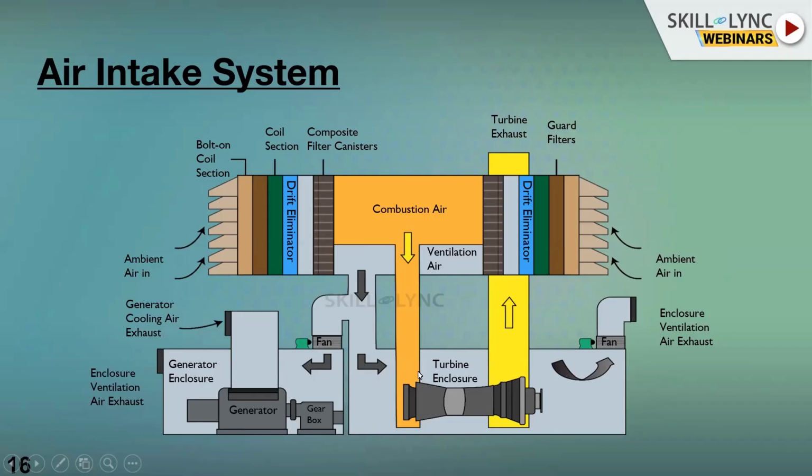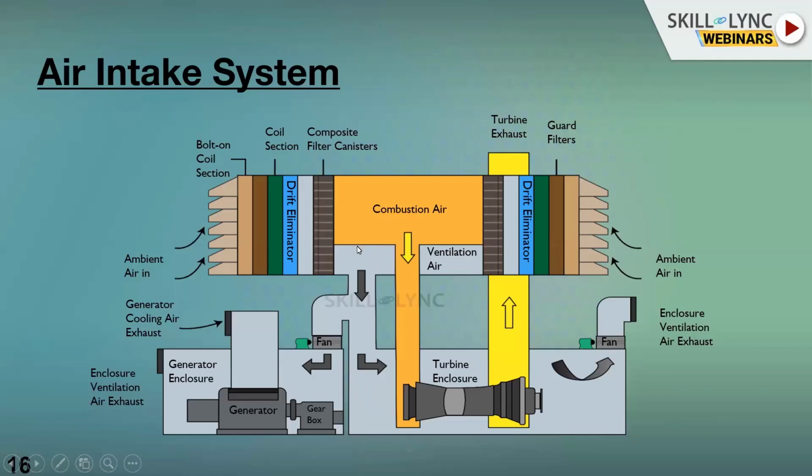The area where the air is injected into the gas turbine is called the inlet plenum. And then we have other compartments for ventilation air. Segregating the air filter in this way will ensure that the required amount of air is going for combustion and the required amount of air is going for ventilation.